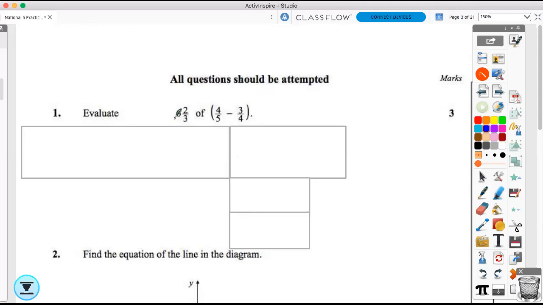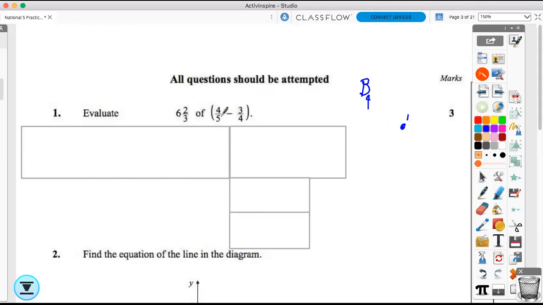First thing, when I get something like this, I'm thinking, what do I need to do first? Brackets first. You see that first one? It's what's in the brackets. So if I see through your work that you've got the brackets done, I'll allocate the mark for that. And for the brackets, remember what we said?